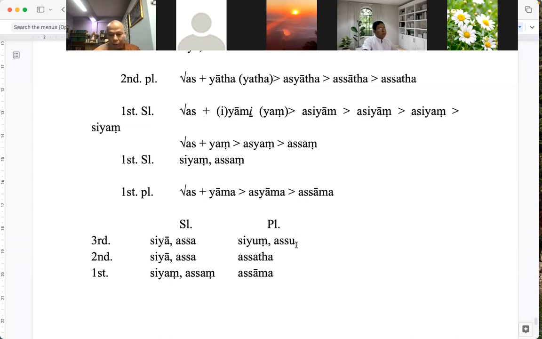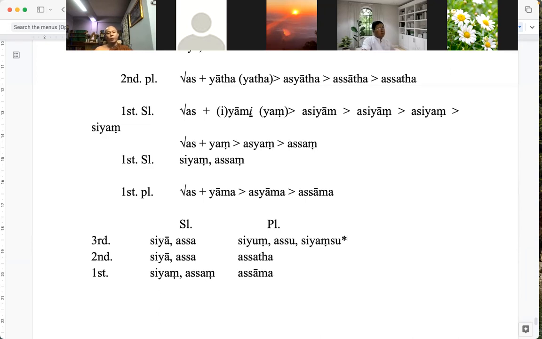So for the third person plural, I skip one more form. Siyu, asu, so CM. Okay, this one I will explain again after learning the past tense. Now just CM. Remember, I will skip explaining because without knowing the past tense by termination, it is quite difficult to understand this form.